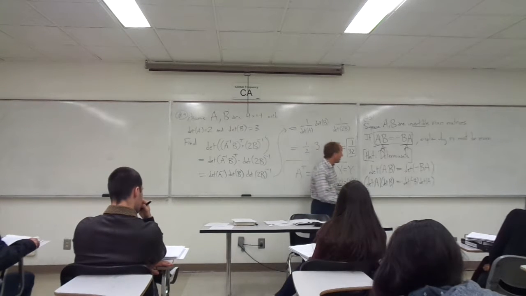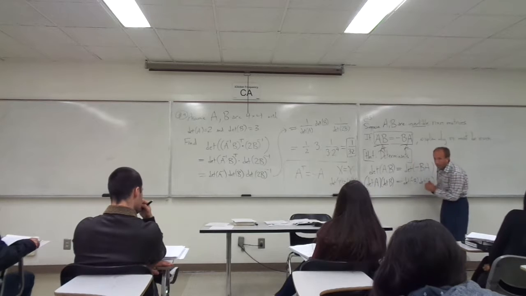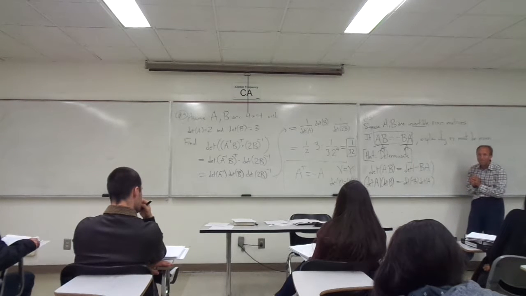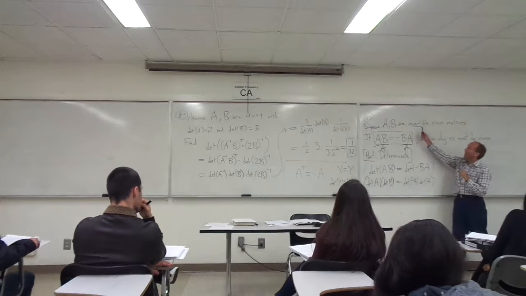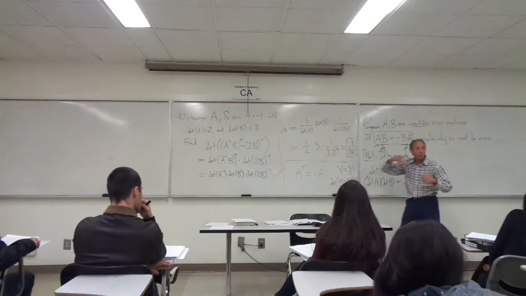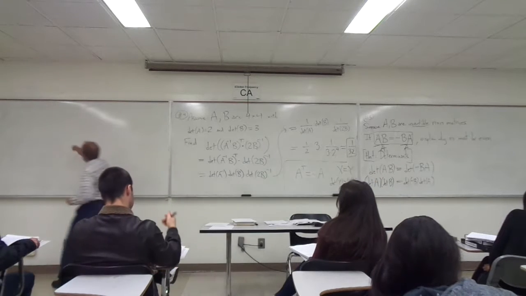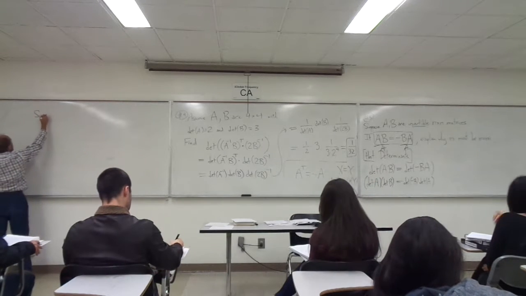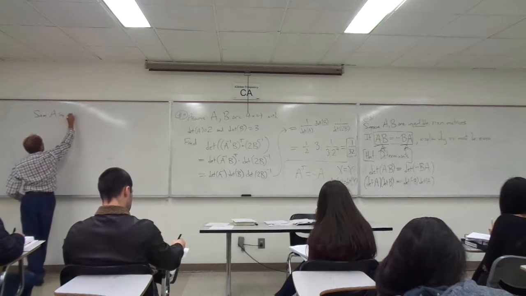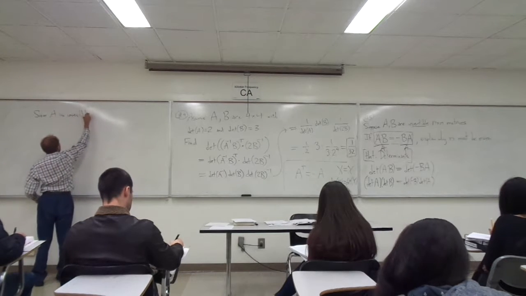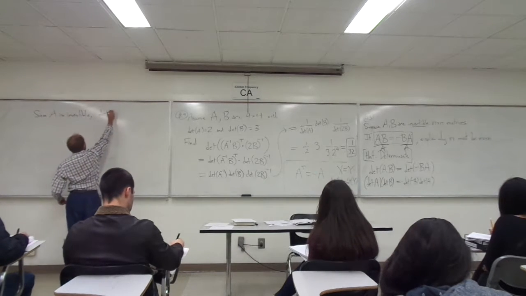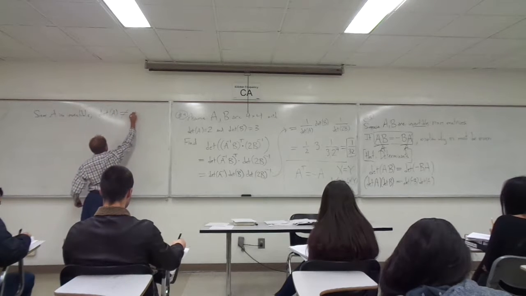So is the determinant of A a safe number to divide by here? Why? Right, A is invertible, so therefore it has a non-zero determinant. Let me write that down. Since A is invertible, that's from the invertible matrix theorem, the determinant of an invertible matrix is not 0.